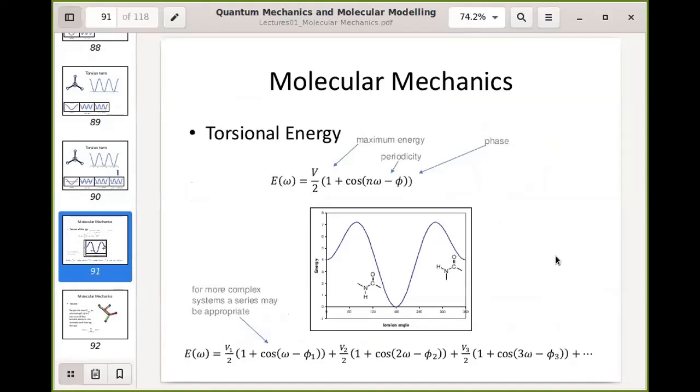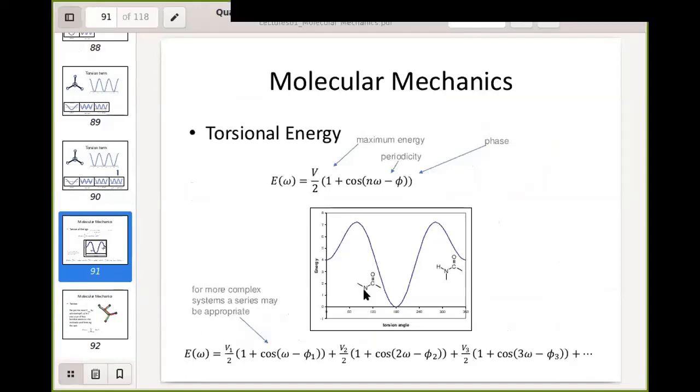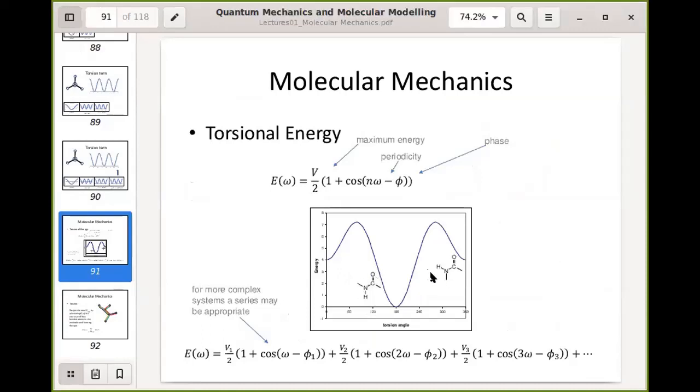You'll notice there's a trans arrangement of an amide bond, and a cis arrangement of the amide bond. Both of those are minima on the potential energy surface. However, the cis arrangement is a higher energy minimum than the trans arrangement. And so this is not a cosine function at all. This is a case where even a cosine function has broken down.